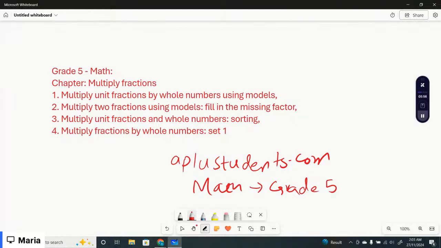We're going to start with the chapter multiply fractions. The lessons we're going to cover today are multiply unit fractions by whole numbers using models, multiply two fractions using models, fill in the missing factor, multiply unit factors and whole numbers sorting, multiply fractions by whole numbers set 1.